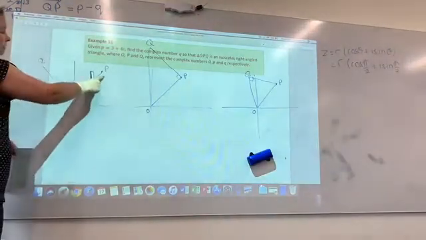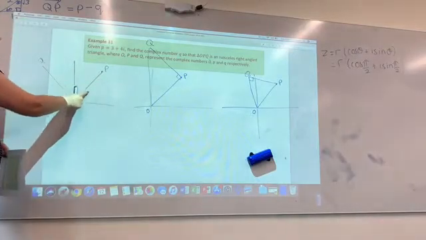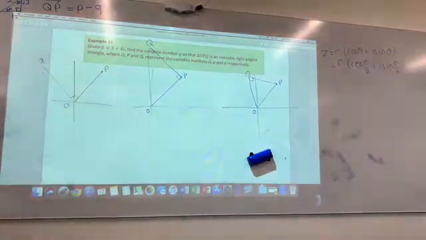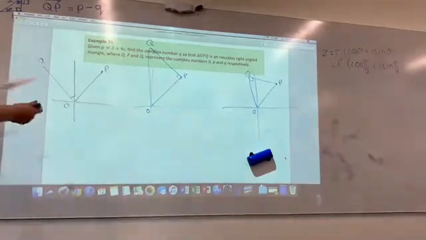So what's happened to this line here to get to this line here, OQ? What's happened to it? It got rotated 90 degrees in the anti-clockwise direction. So times by I. Very good.